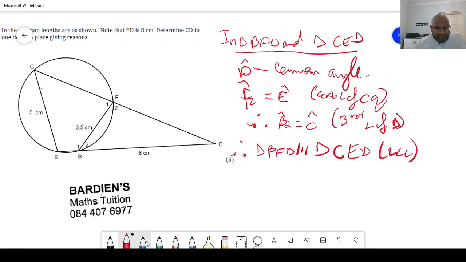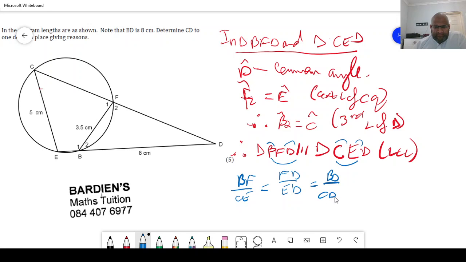So from the fact that those two triangles are similar, we can say that BF over CE equals FD over ED equals BD, which is first and the last, over CD. Why? Because triangle BFD is similar to triangle CED.